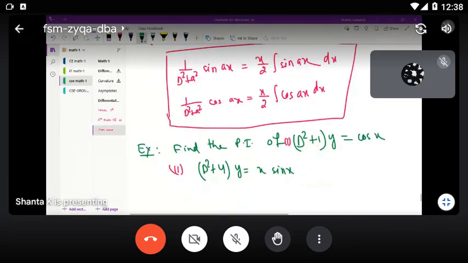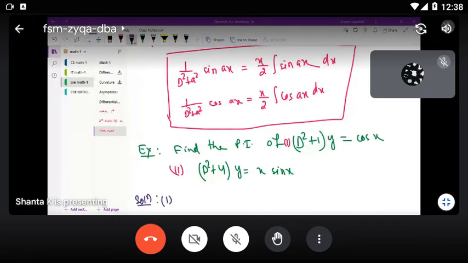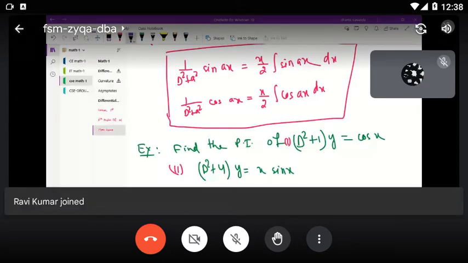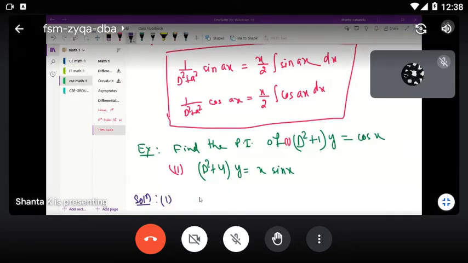So if you look at the first one, here we have d square plus 1, d square plus 1 cos 6.